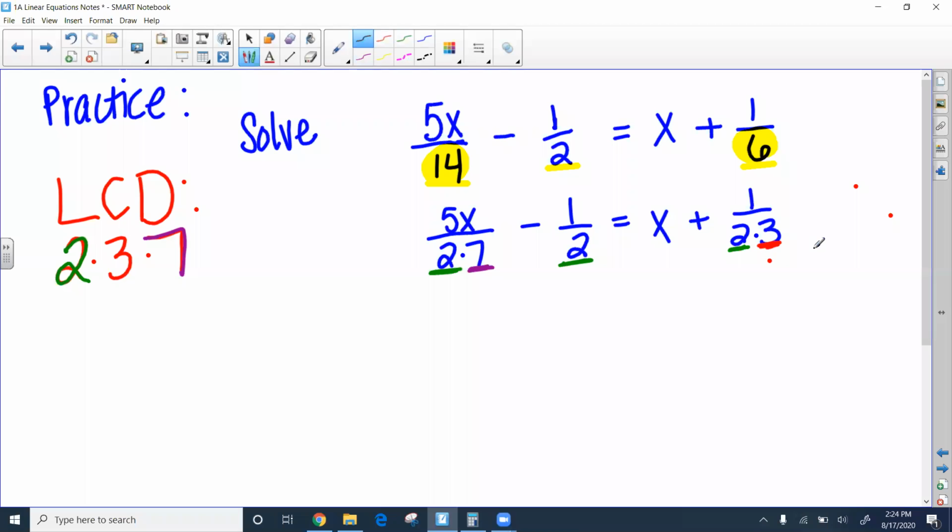Okay, so now that we know the LCD, continue with the problem and see if you can solve.